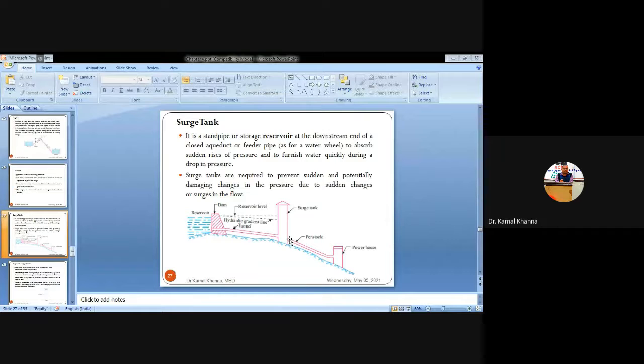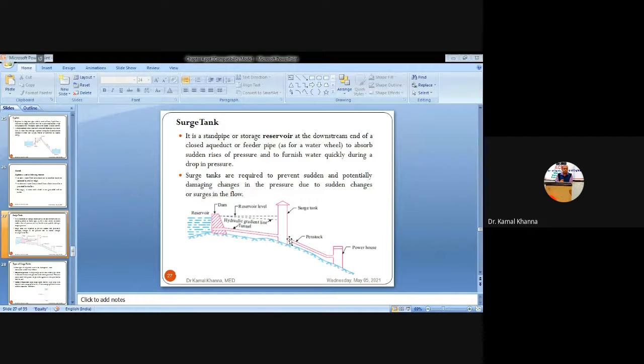potential energy is converted into kinetic energy, because the elevation is going downstream, and the water elevation is reducing from the surge tank to the powerhouse, and the water is striking with a very high velocity, with very high kinetic energy, from the surge tank to the powerhouse, where the turbines are installed.